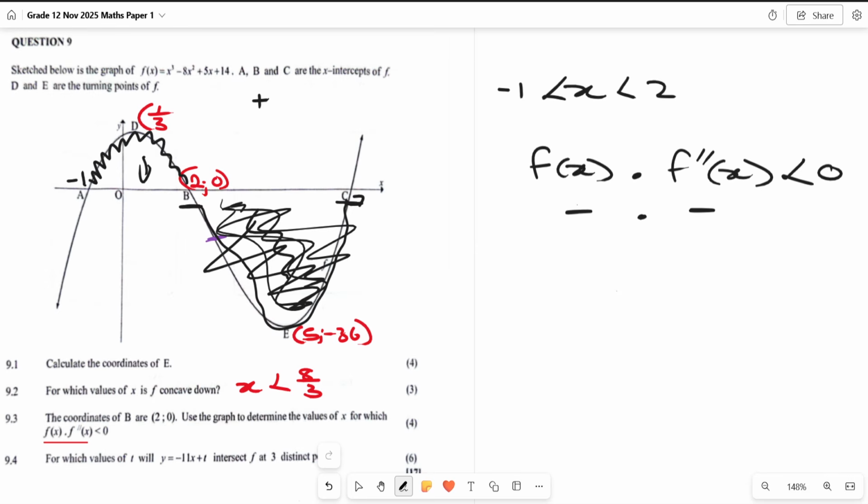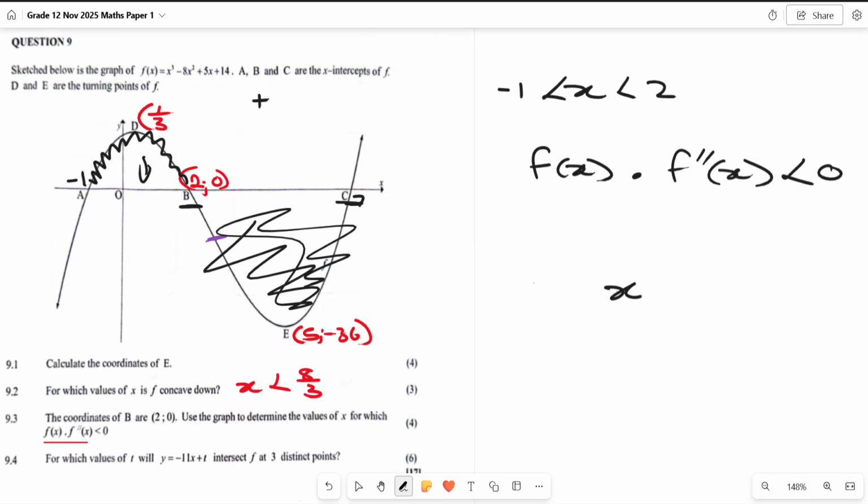So what we need to do now is to focus on this part over here, where the graph is above, and it's also concave up. It's a bit confusing, isn't it? So we're going to take the value of our concave up, so we're going to say x.